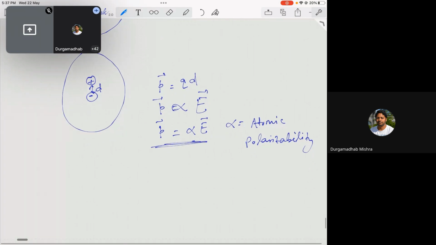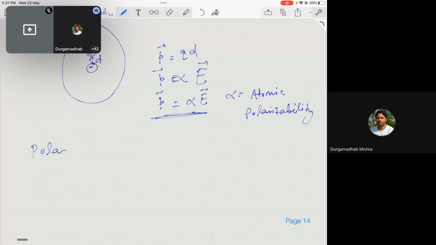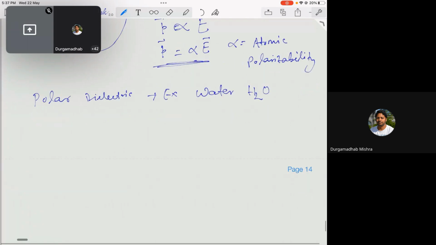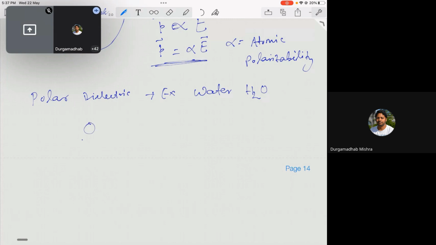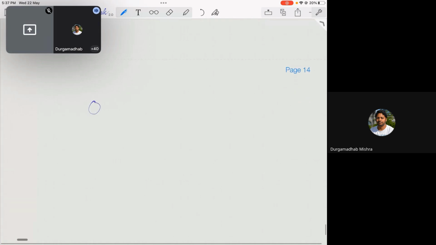This is a spontaneous electric dipole moment that has formed, and you don't need to apply an electric field to create it. Why does that happen? An example of a polar dielectric is water, H2O. I have oxygen here and hydrogen.